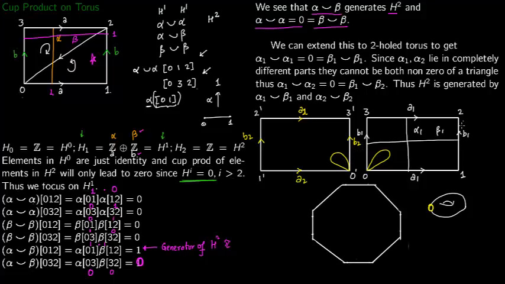And again you have these alphas and betas. So this you call alpha 2, and this you call beta 2. And you can again glue this part and you will get a torus like this.